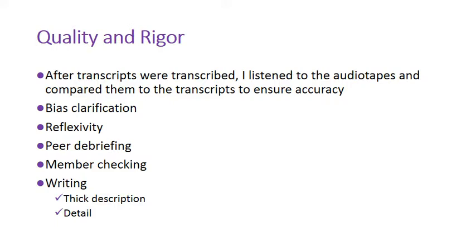Some of the strategies I used included bias clarification. Bias clarification is important throughout the entire research process. Understanding one's psychological baggage helps to identify any personal biases that can influence data collection, analysis, and reporting of the findings.